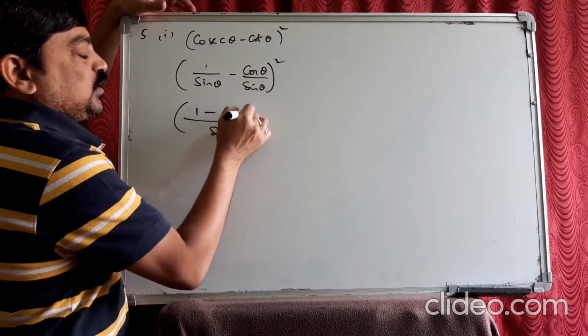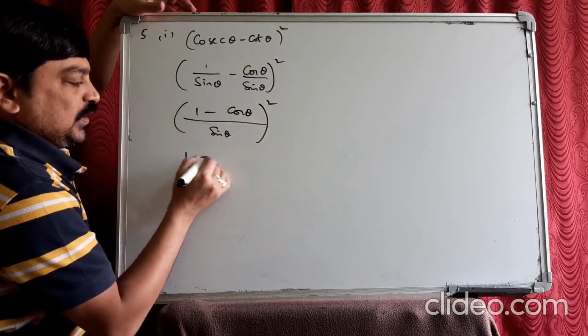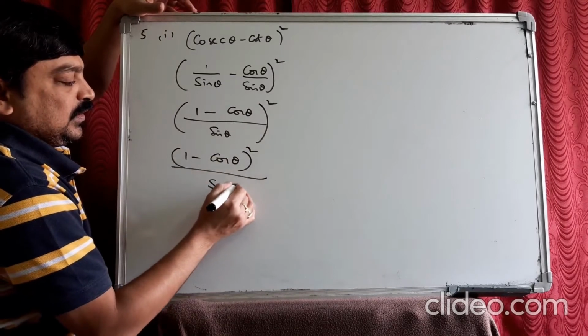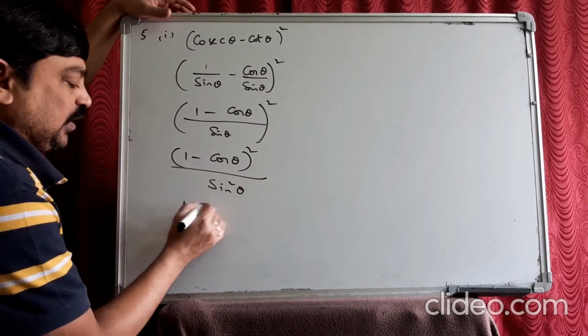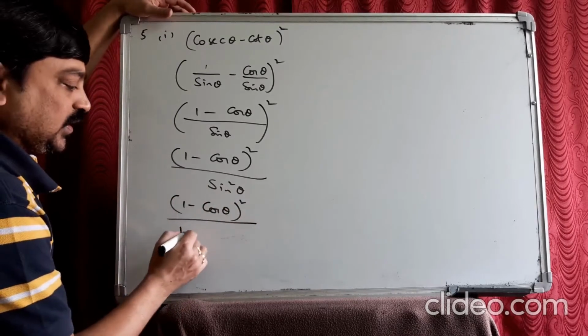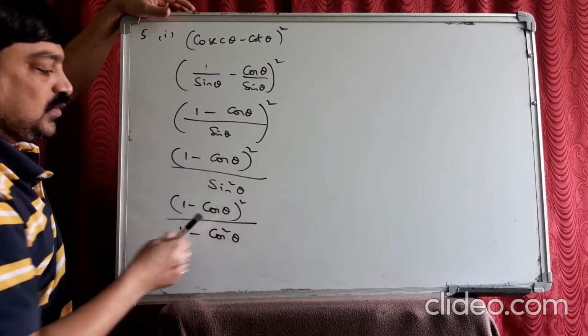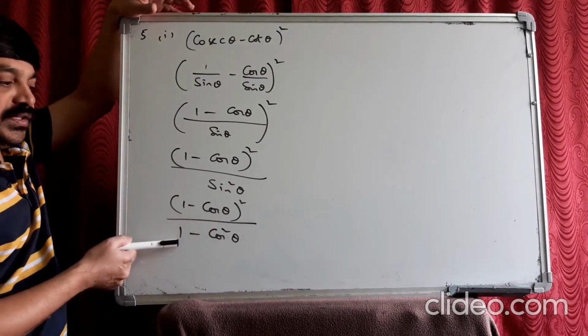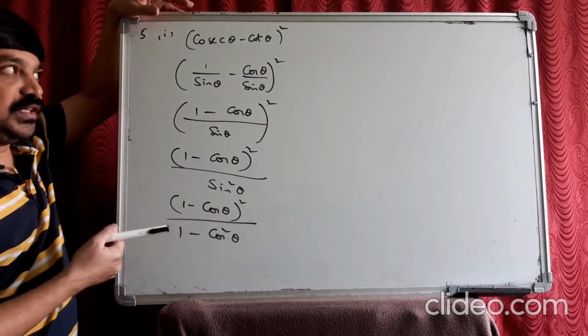It becomes 1 minus cos theta whole square by sin square theta. You can also write sin square theta as 1 minus cos square theta. See that both are different. This is 1 minus cos theta whole square and this is 1 minus cos square theta.